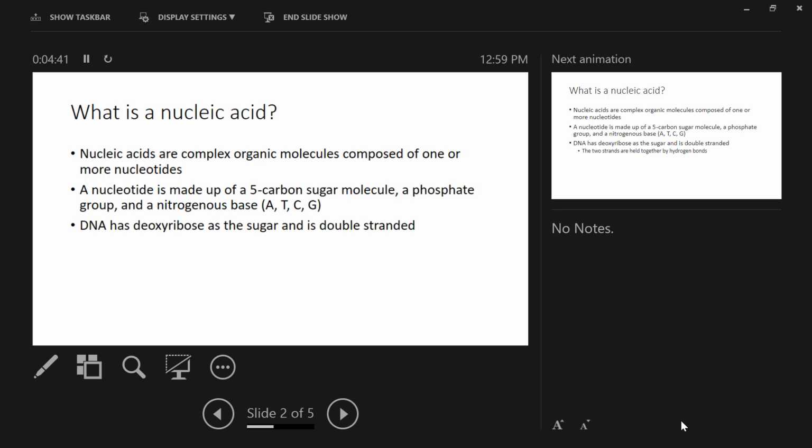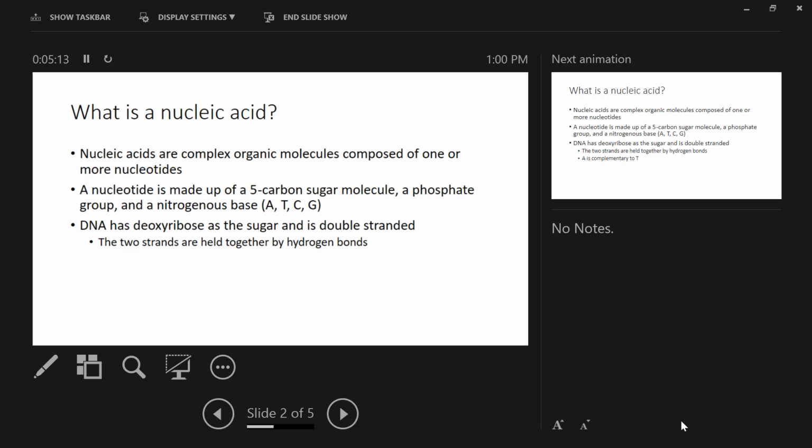Which means DNA, where some of our chromosomes are hundreds of millions of nucleotides long, has hundreds of millions of phosphate groups in those chromosomes. Does that make sense? Okay. So you know DNA has phosphate in it, and a lot of it. You know it has a 5-carbon sugar because every nucleotide has a 5-carbon sugar. DNA has specifically deoxyribose as its 5-carbon sugar. And then you know it's got these nitrogenous bases.